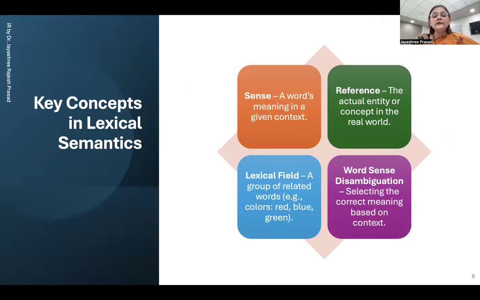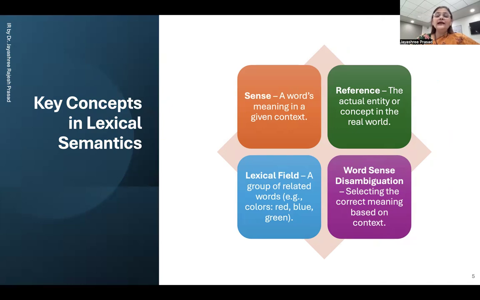So, what are the key concepts in lexical semantics? There are a few important concepts to grasp here. First is sense, which refers to the meaning of a word in a particular context. Second is reference, what the word actually points to in the real world.